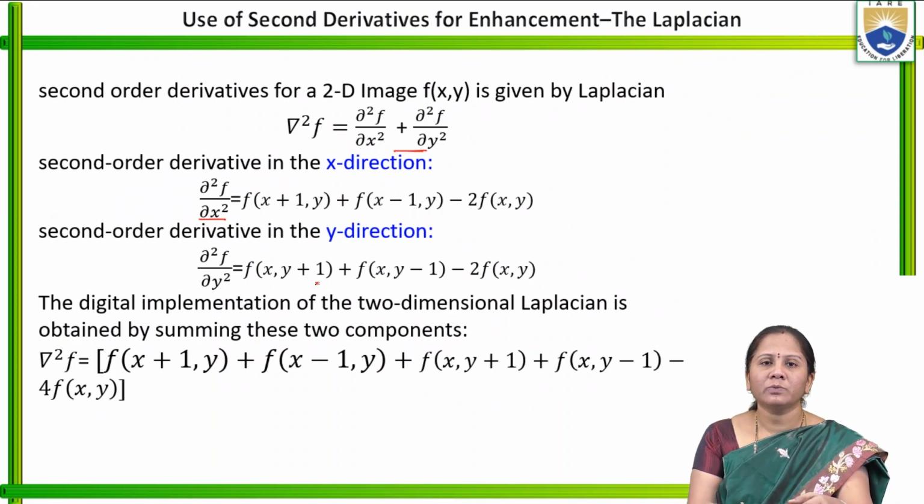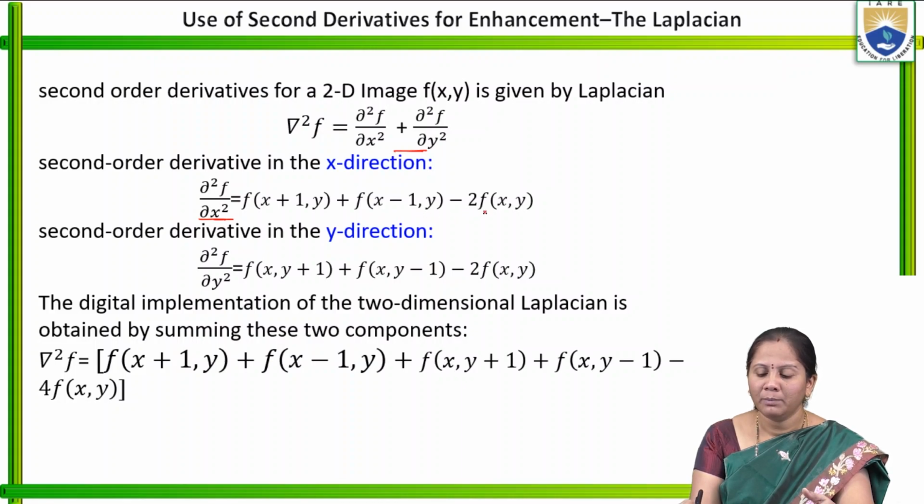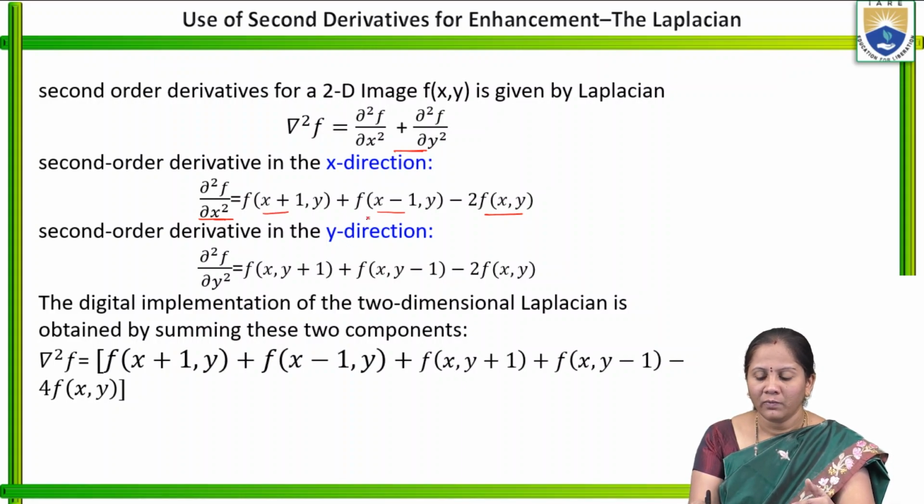So ∂²f/∂x², as we have seen in the previous slide for the one-dimensional function definition, based on that we are writing here the two-dimensional function definition as ∂²f/∂x² is equal to f(x+1,y) + f(x-1,y) - 2f(x,y). f(x,y) is the current intensity, x-1 is the previous intensity and x+1 is the next intensity, whereas y is constant here because we are considering x as the variable.